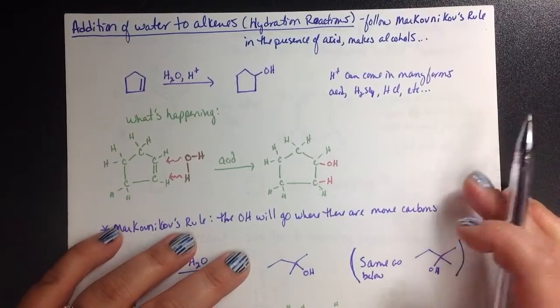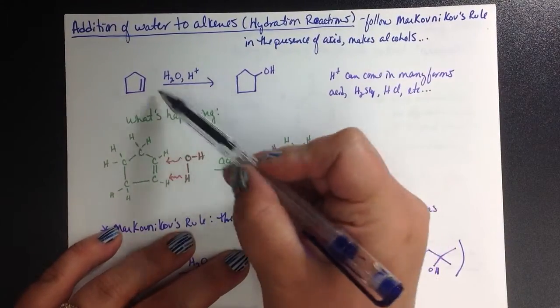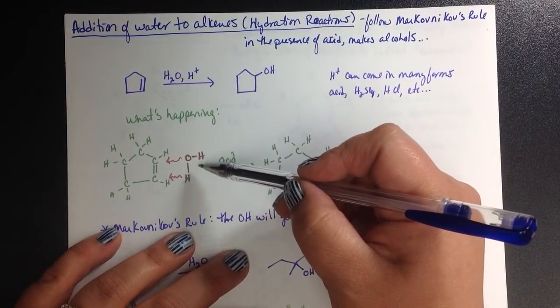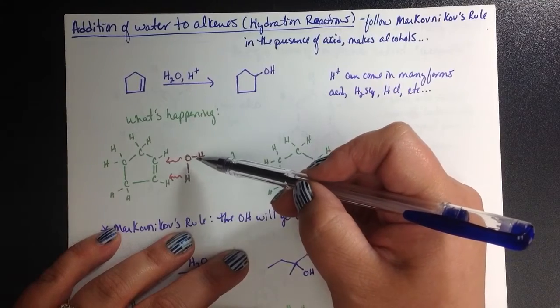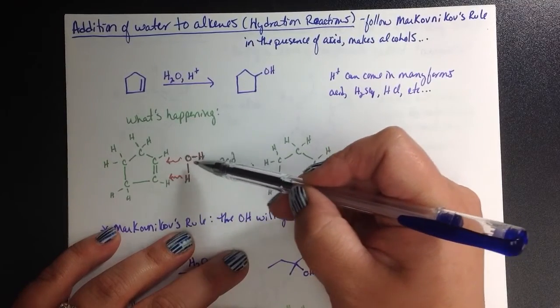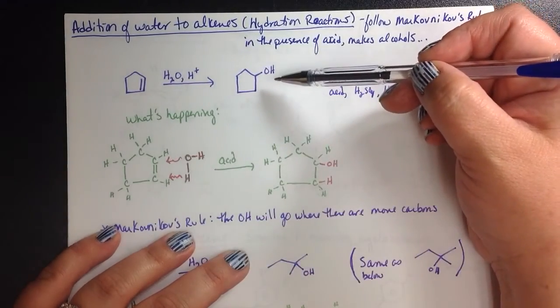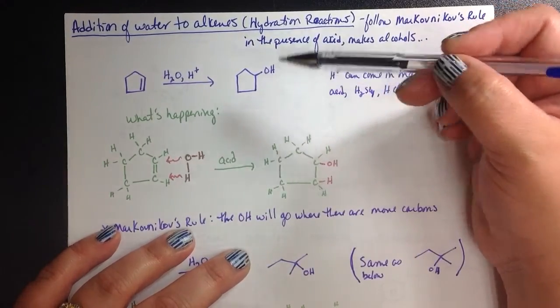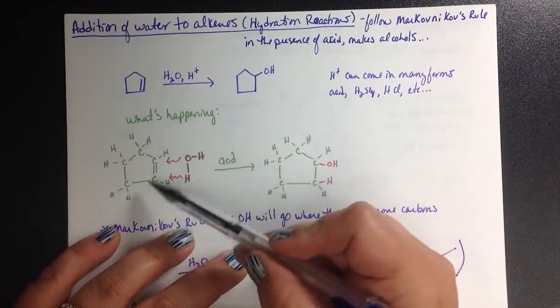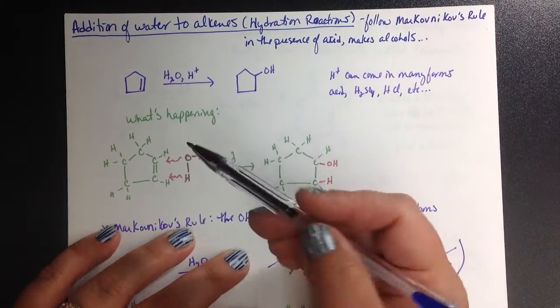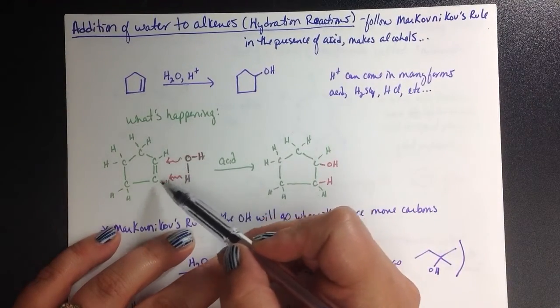Okay. When we add water, this is an easier way to look at it. It's going to split into an OH going to one carbon and a hydrogen going to the other. You can't really see that from up here, can you? But when you draw all these bonds out, it's much easier to see. This is not what's really going on.